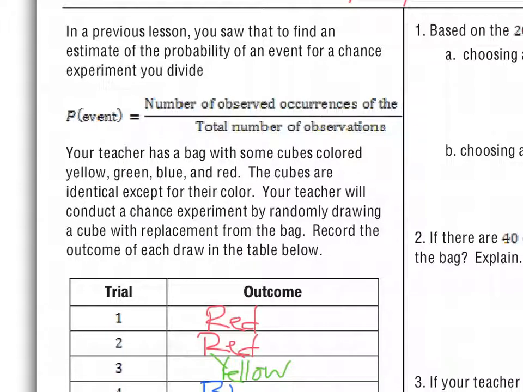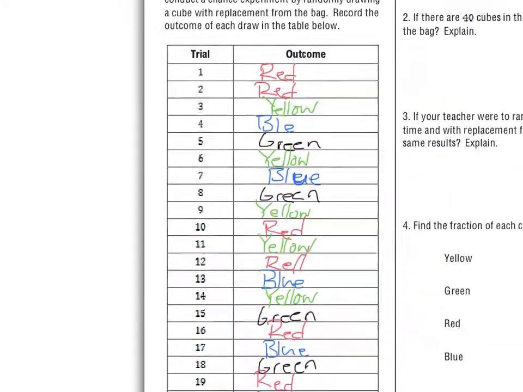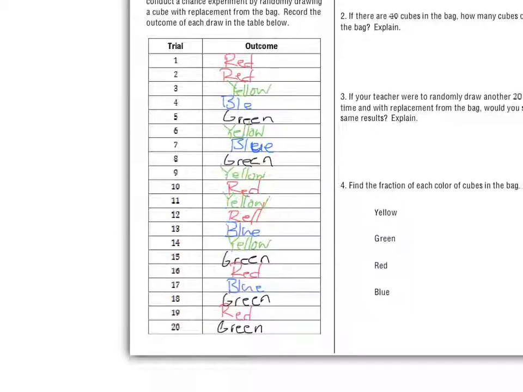So when I reach into the bag, I have no idea what I'm pulling out. I am just randomly pulling out a cube, and then I am going to replace the cube. Since you don't have this in front of you, if you're watching the video, I've gone ahead and done the experiment ahead of time, and here's what I got each time I pulled it out.